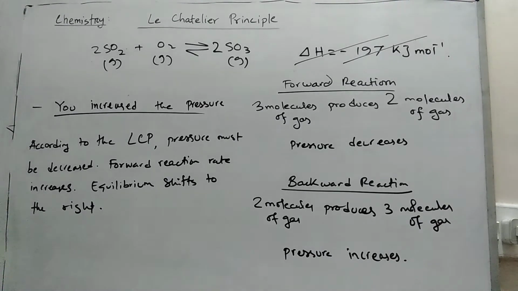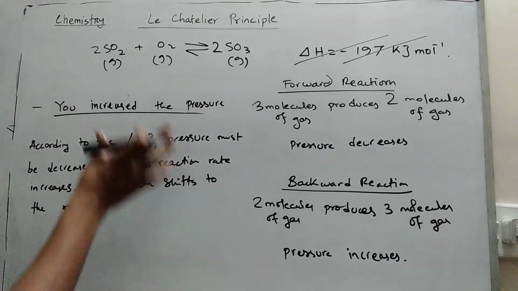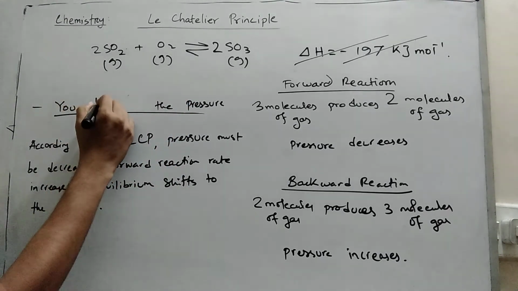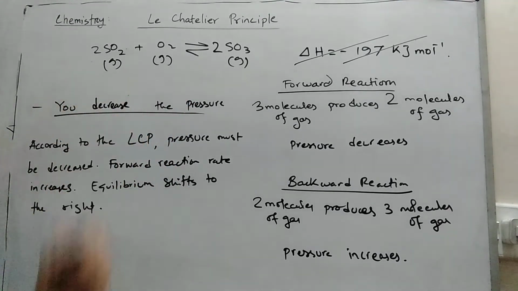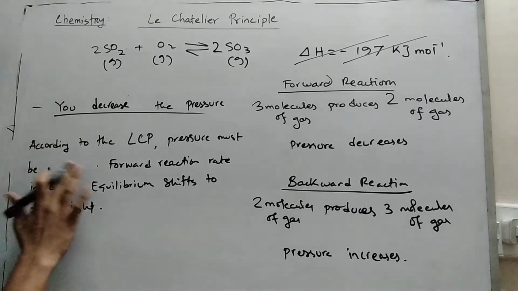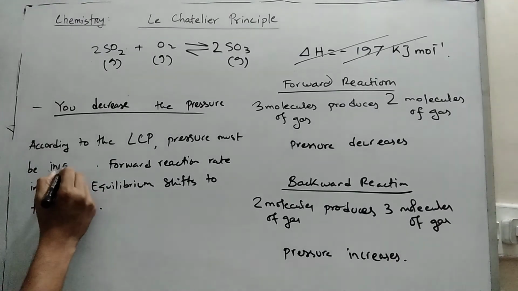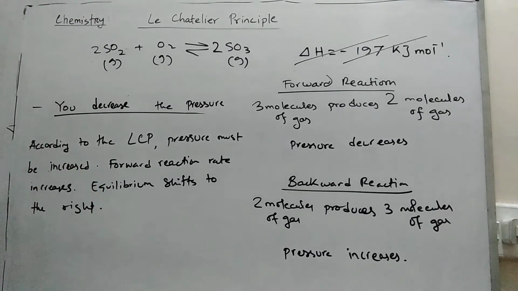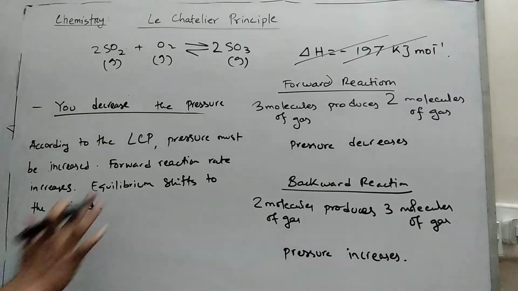I hope this is understandable. Now let us say for the same reaction, you decrease the pressure. Alright. So now if you decrease the pressure, what is going to happen? According to Le Chatelier's principle, the pressure must be increased. And how can I increase the pressure? If I go for the backward reaction.